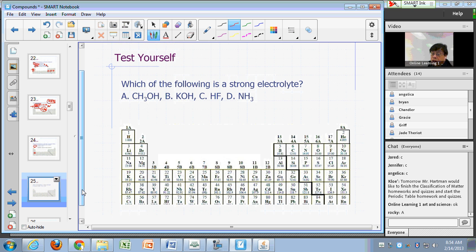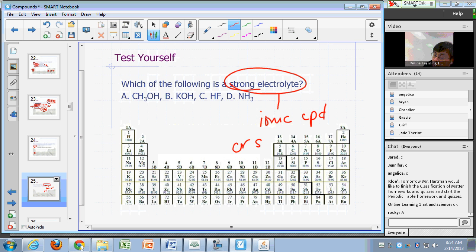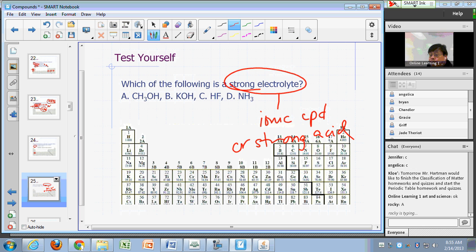Which of these is a strong electrolyte? What are the strong electrolytes? You either look for an ionic compound or you look for a strong acid. Are any of these ionic?